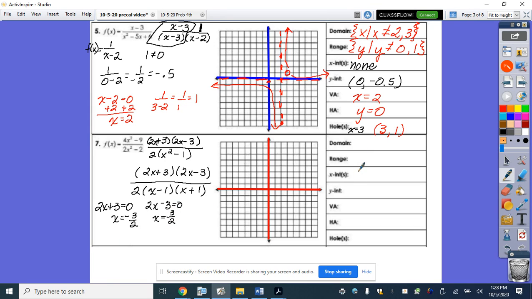So I have an intercept at 1.5, 0 and -1.5, 0, and you're welcome to leave those as fractions or decimals. I'm not going to be picky about that. All right, so there's my 1.5 and my -1.5 right there.